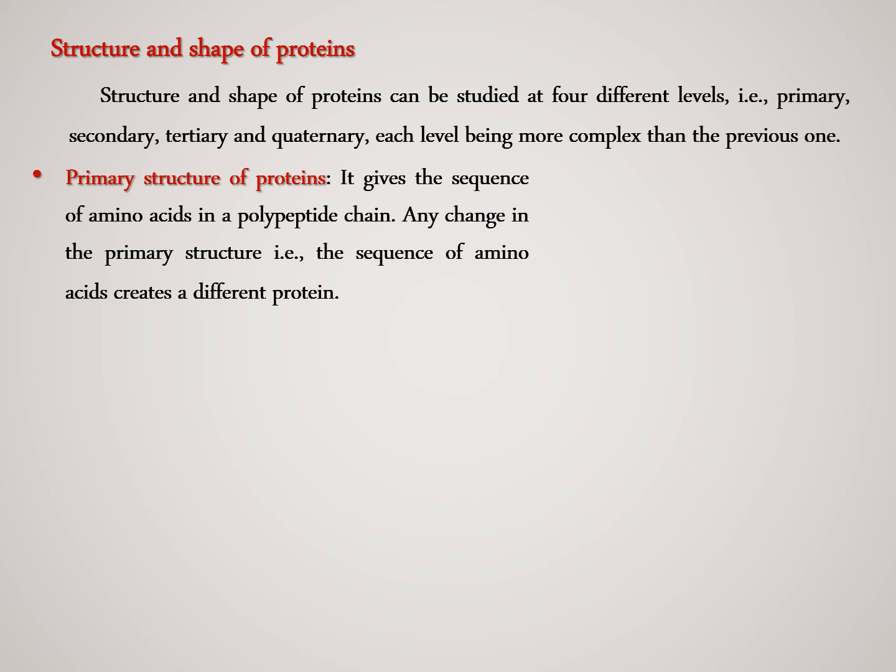Students, you have to note this point that if there is any change in the primary structure, that means the sequence of amino acids, then the biological activity of the protein is getting destroyed.